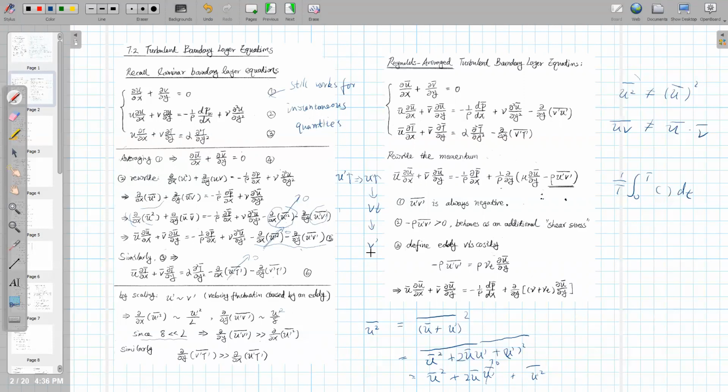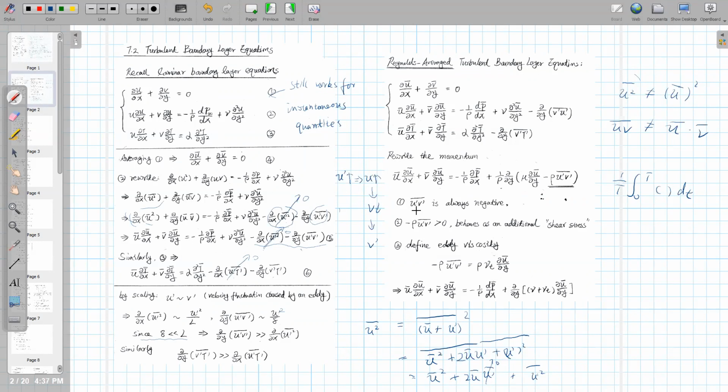Or you can think the other way. If U prime is increasing and V prime is also increasing, then you tend to increase both U and V, so you won't satisfy mass conservation. That's why this correlation is always negative: when you increase U prime, you statistically reduce V prime, and when you increase V prime, you tend to reduce U prime.